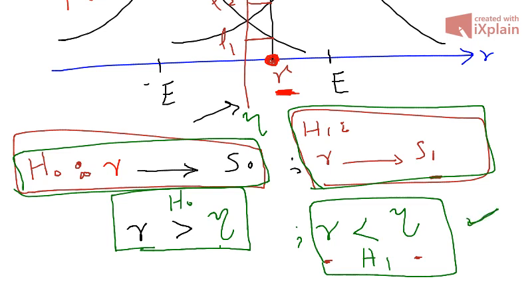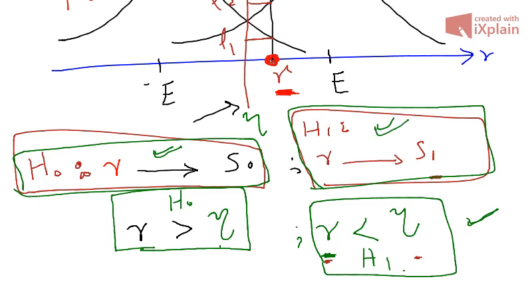We observe the sample value. If it is greater than the threshold, we say H0 is true, and H0 says that the received signal represents S0. When the received sample value is less than the threshold, hypothesis H1 is true, and H1 says that the received signal represents S1. Right?